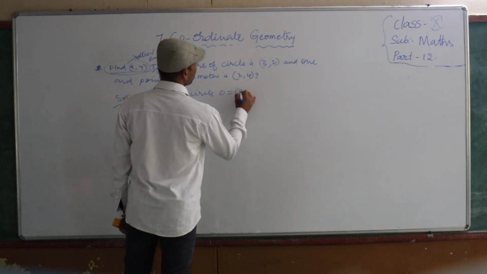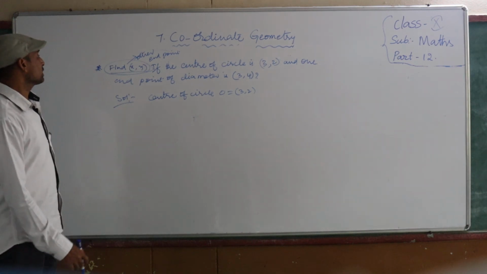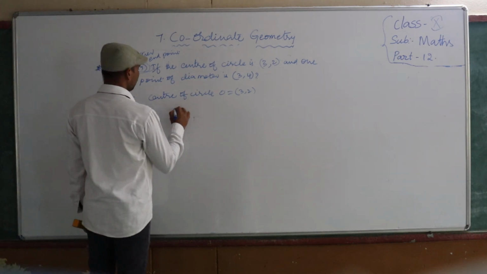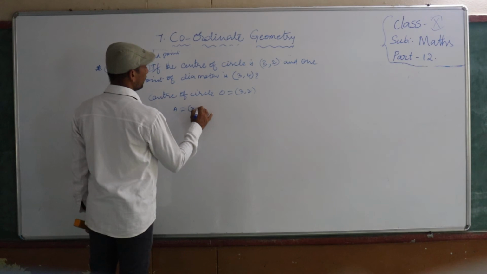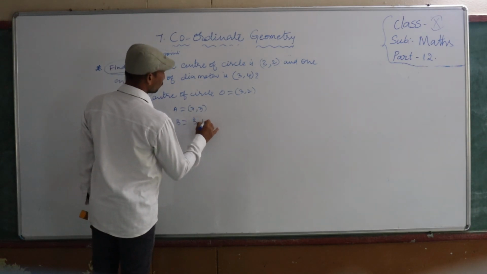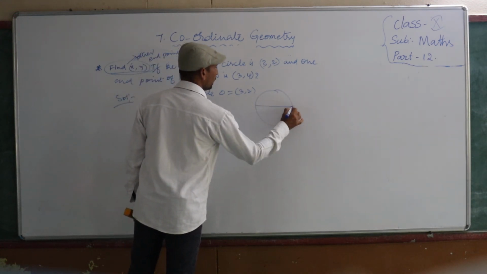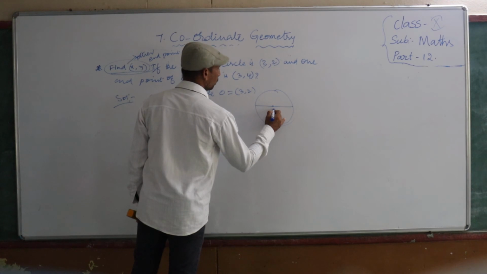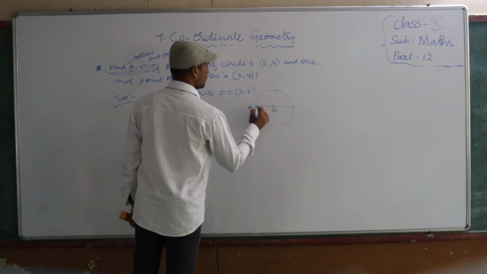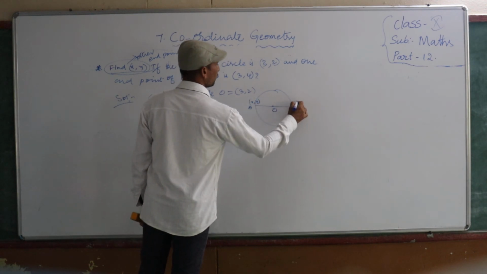O is equal to (3, 2). Then the diameter of the circle is AB, where A is (x, y), B is (3, 4) given. If you take a circle, this is the diameter, this one is center O, this is A, this is B, this is (x, y), this one is (3, 4).